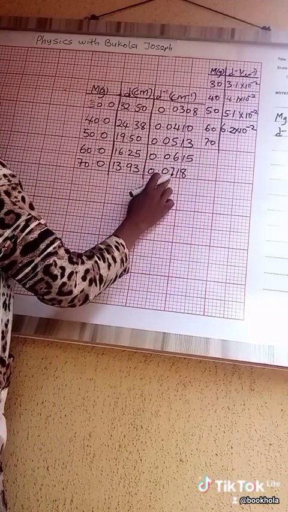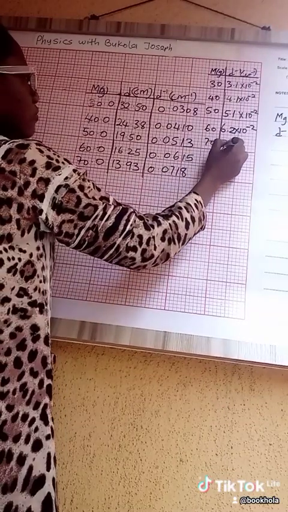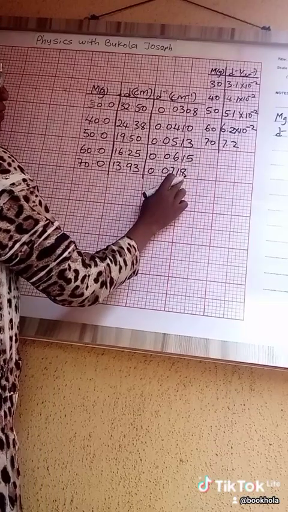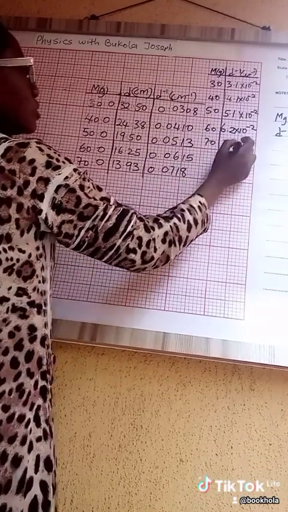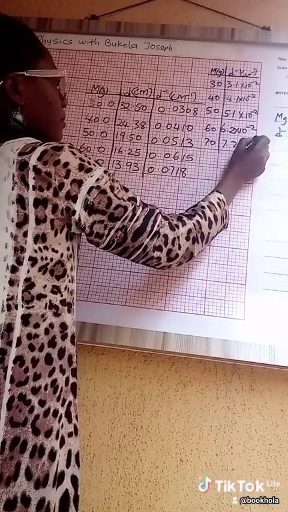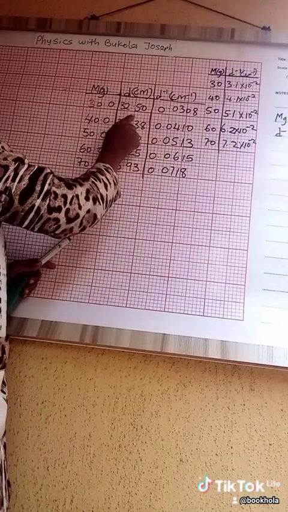We're converting this to standard form: 0.0718. We have 7.2, because this is 5 and above, so this becomes 2. We have 7.2 times 10 raised to the power minus 2. Now this D inverse is gotten from here.